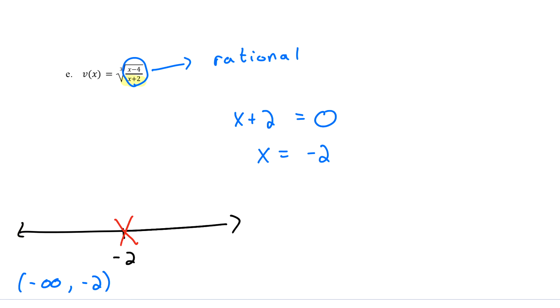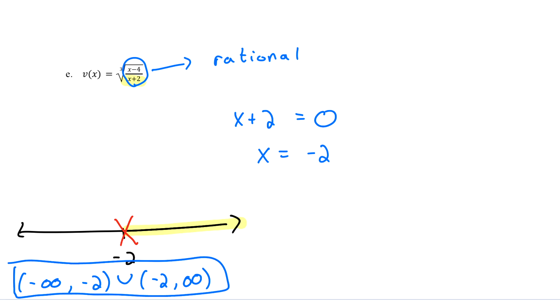And then for the right-hand interval, we would say, okay, well, on that right-hand side of negative 2, it's continuous from negative 2 to positive infinity. We'll put a union symbol in between them to connect our two intervals, and there are our intervals of continuity. It's continuous on negative infinity to negative 2, union negative 2 to positive infinity.